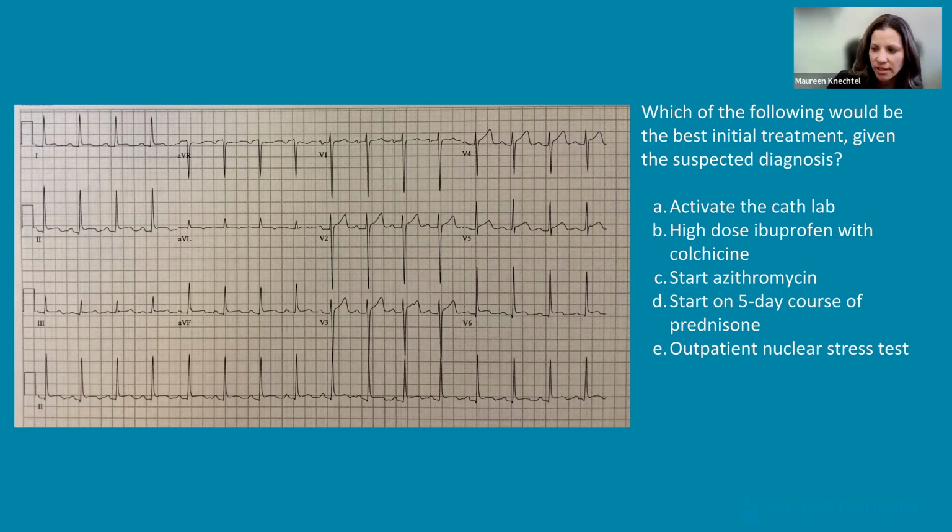Okay, so here's the question, and you can take a look at the tracing one more time. Which of the following would be the best initial treatment based on what you think? So interpret the EKG and then figure out, how do I manage that?